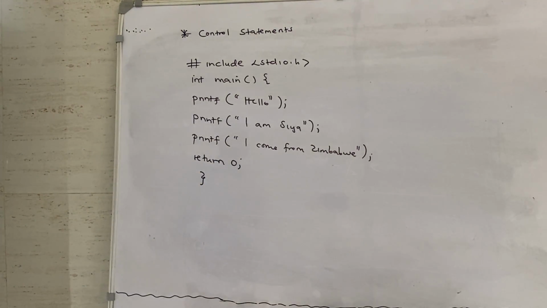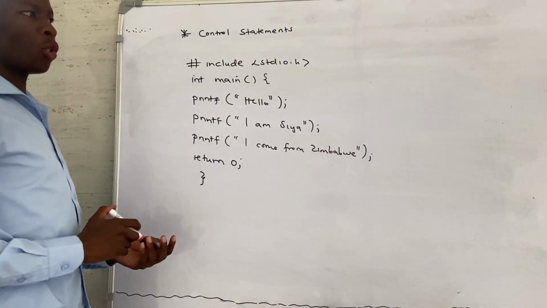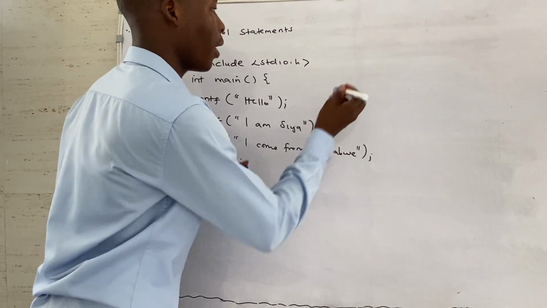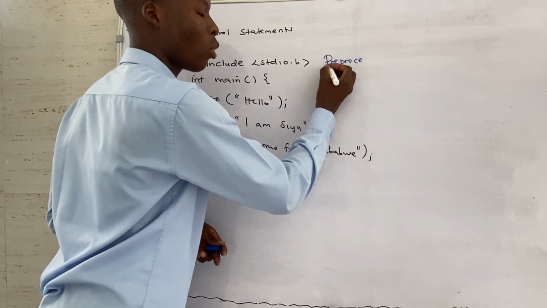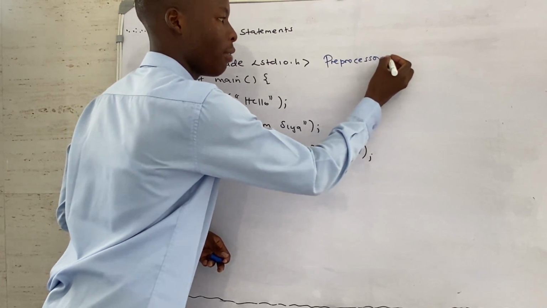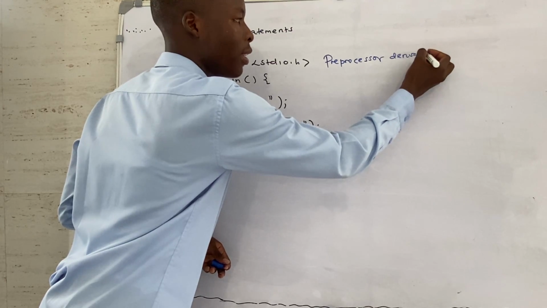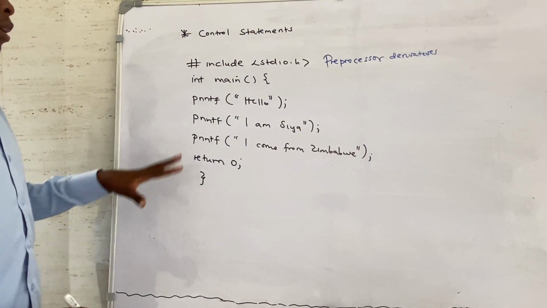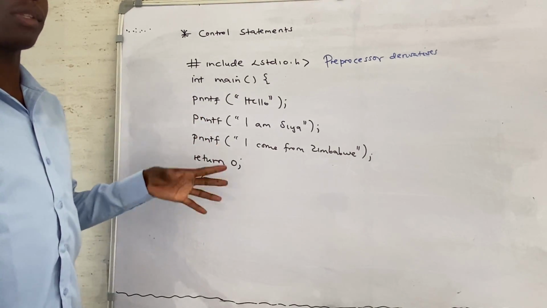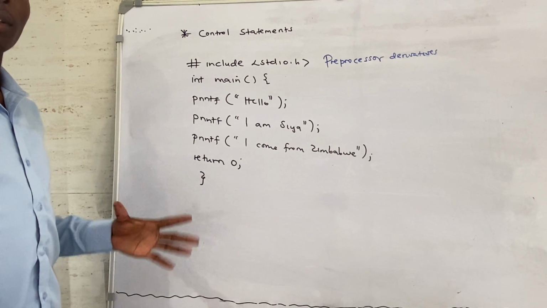If you check, this is #include <stdio.h>. This is called a preprocessor directive. These preprocessor directives are very important. Why? In this program, we are going to use the printf function, scanf function, gets function, puts function.